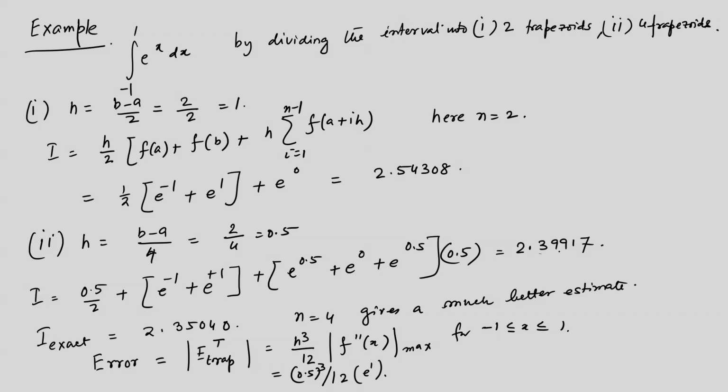So, this is 2.35 minus 2.39 etcetera, and then you can divide it by the exact value and multiply it by 100, that will give you the relative percent error. And when you calculate the truncation error from the formula that we have derived, you will get values that are very close.